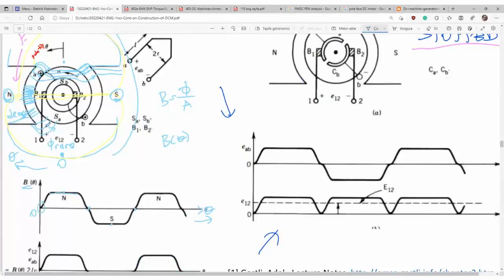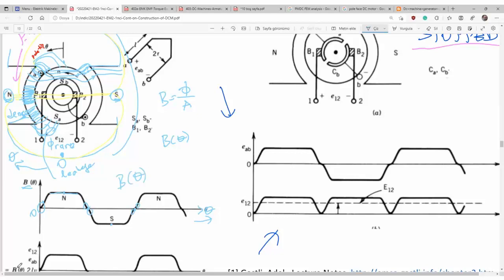These portions here are leakage fluxes, some leakage type, because the main path is here, but those here are very small amounts of flux, so they cause a little flux density. That is the B of theta.